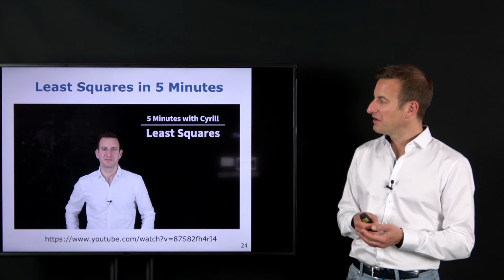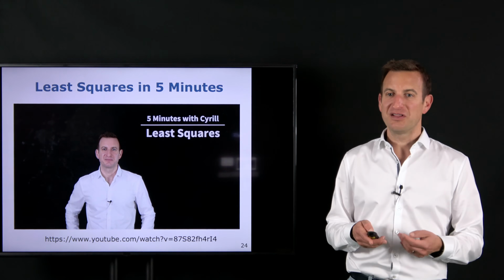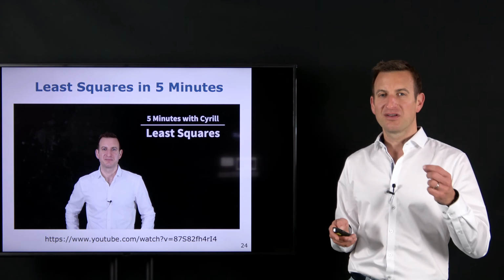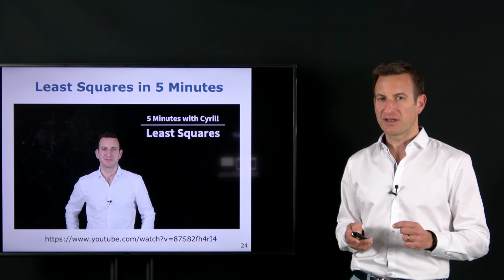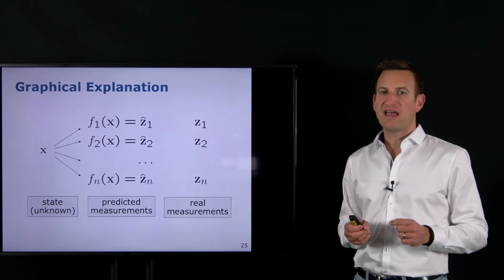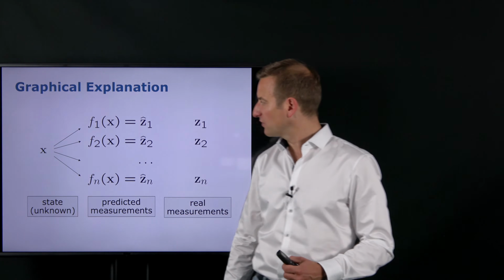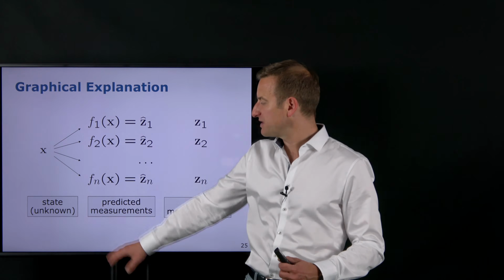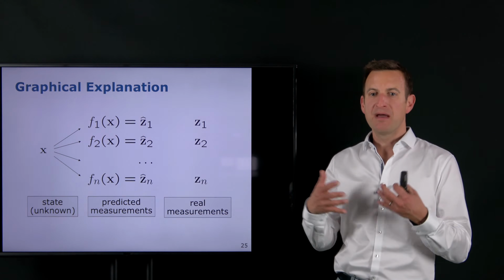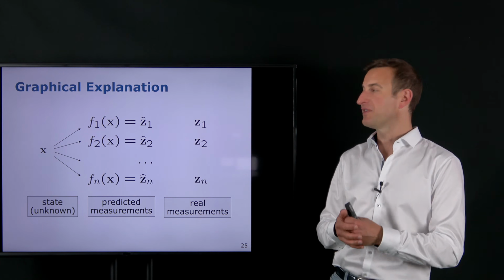Okay, after we have seen this brief explanation on least squares, let's go very, very quickly over the key points that we had. So we said we have an unknown state, referred to as x. We have some functions f. These are those functions which generate my predicted measurements or expected observations.